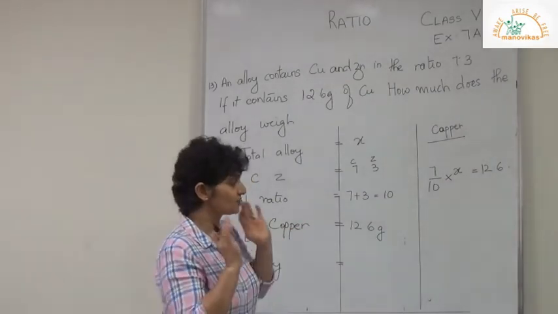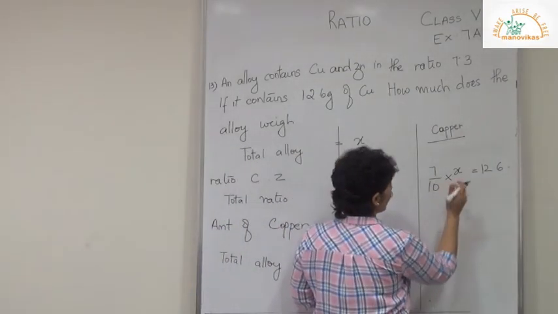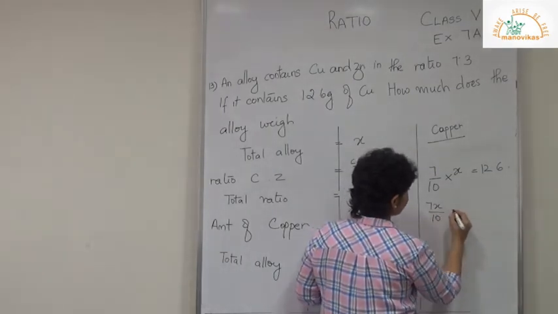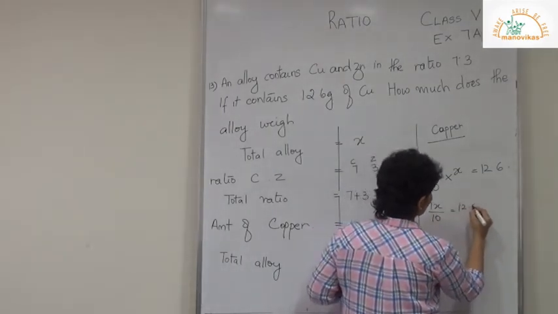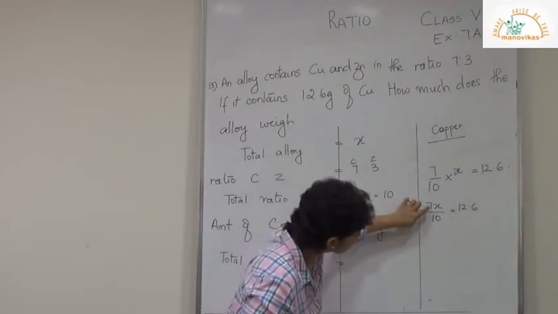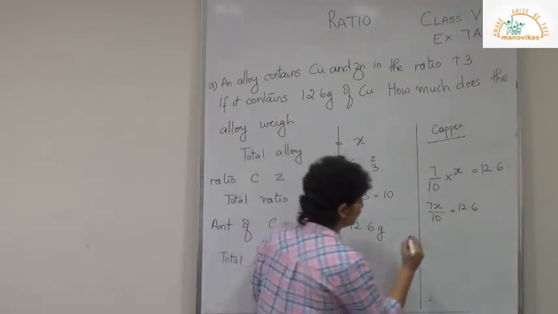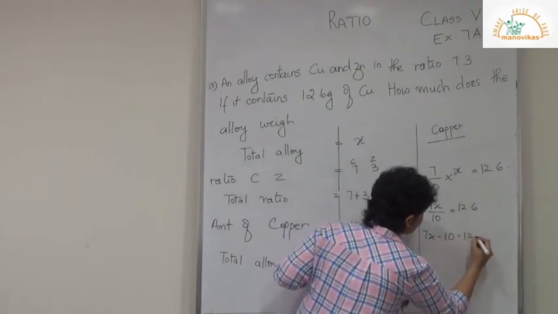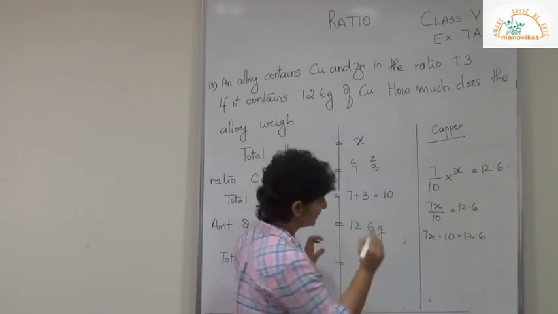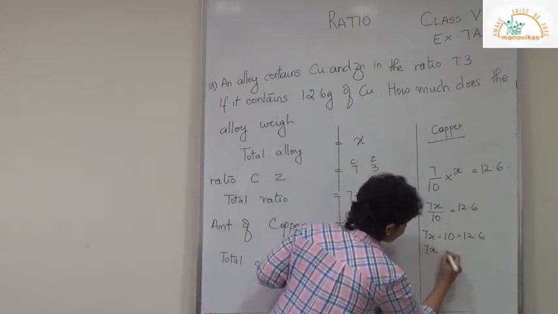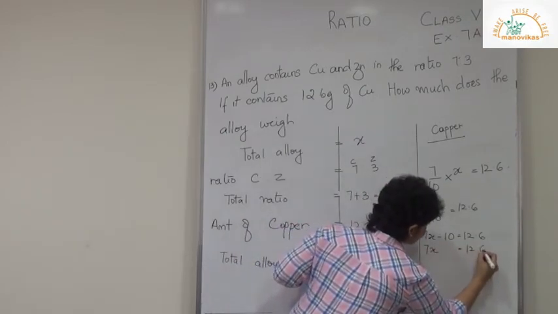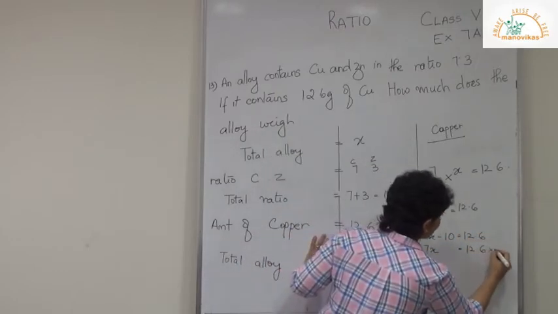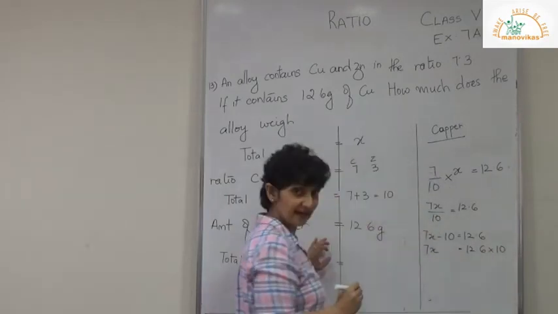You know your algebra, so let's do it. 7 into X gives me 7X upon 10 is equal to 12.6. What is the meaning of 7x upon 10 children? It means 7x divided by 10 is equal to 12.6. Now 7x is equal to 12.6 multiplied by 10, when I take that side, isn't it?